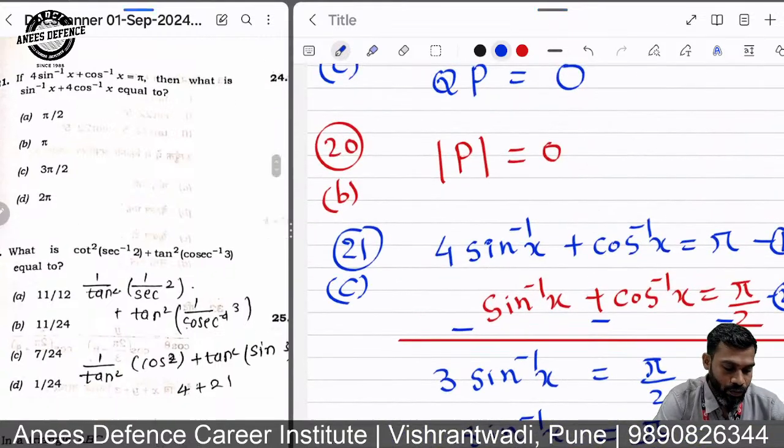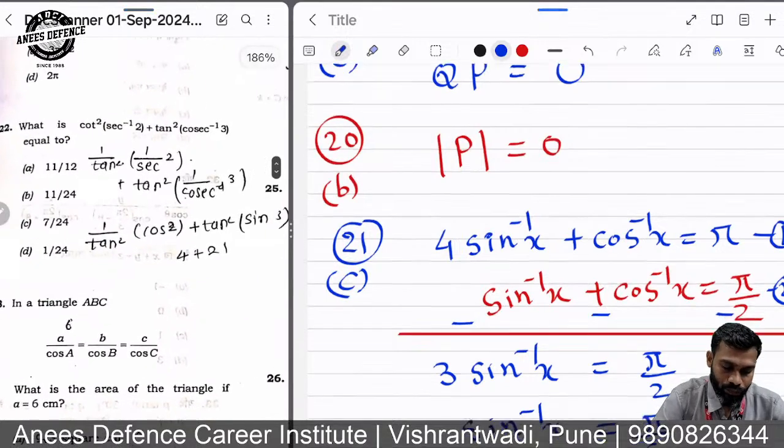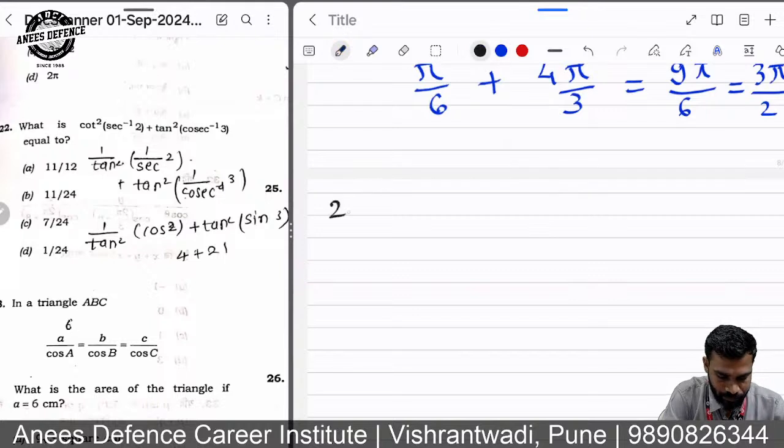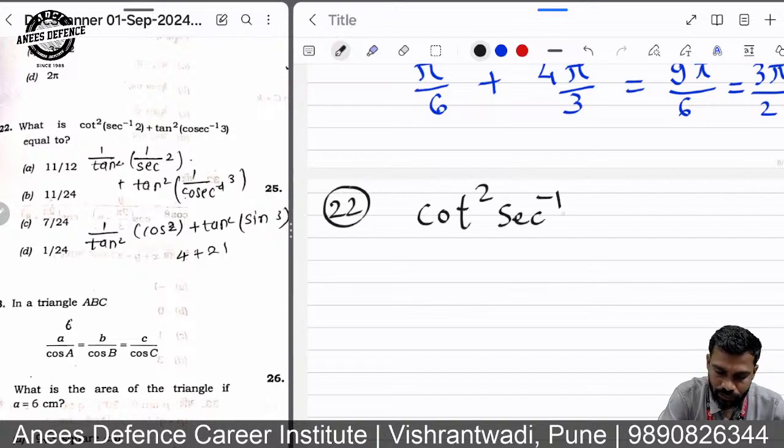Now next, question number 22. What is cot square sec inverse 2 plus tan square cosec inverse 3?